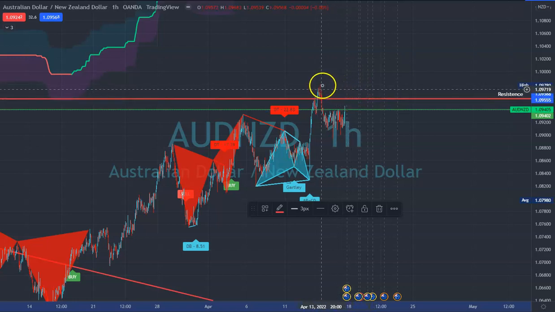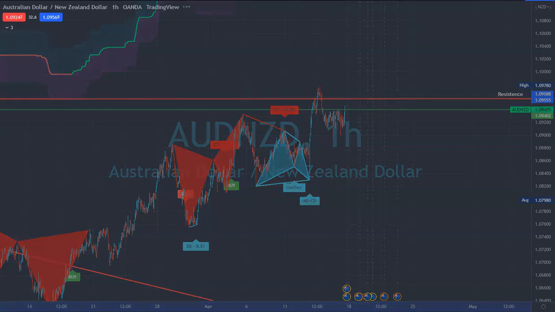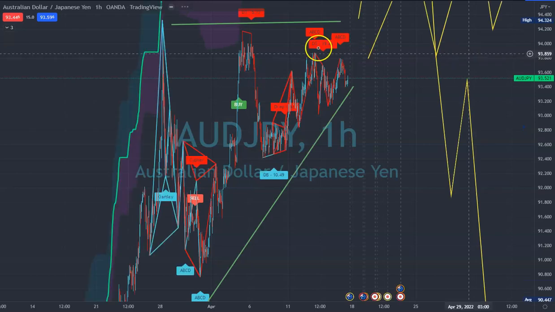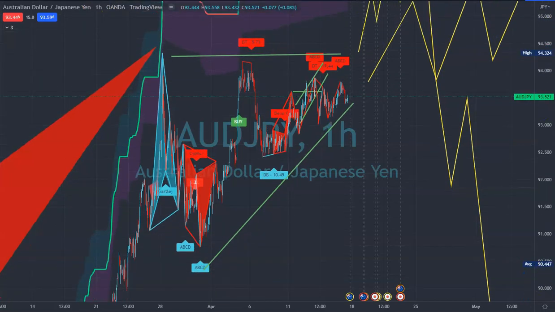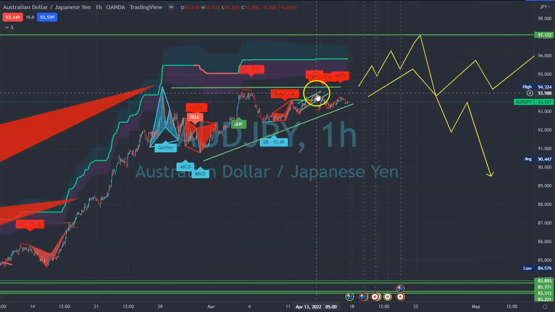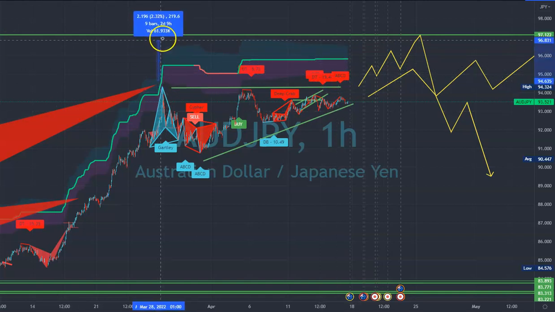It could come here and get knocked back down again. I mean, doesn't that match this? This came up and hit this. That's another 240 pips.